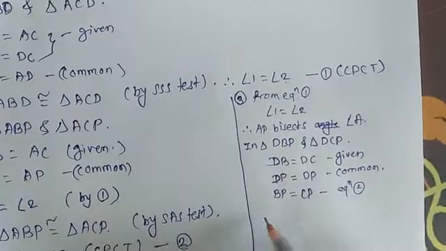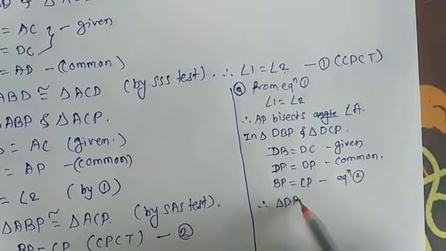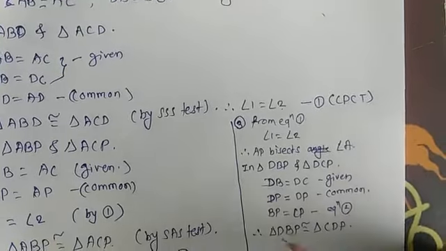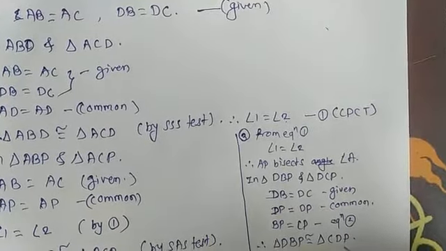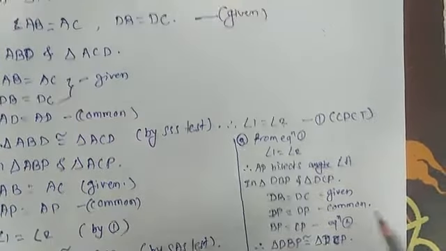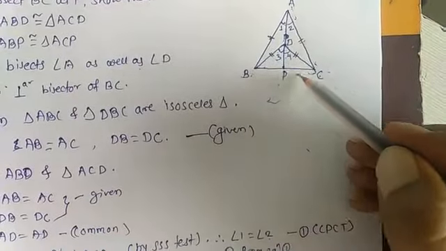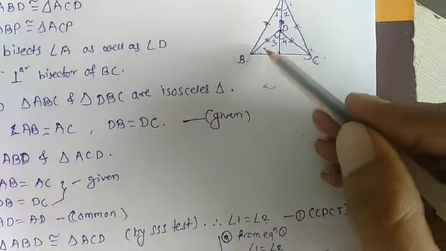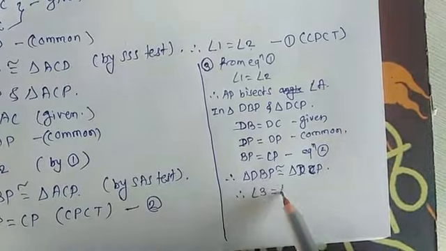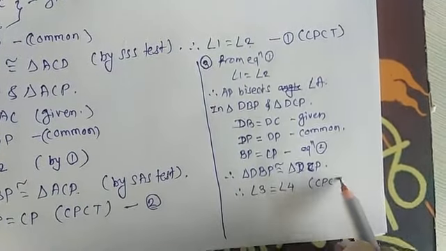Therefore, triangle DBP is congruent to triangle DCP. That means these two triangles are congruent. Therefore, angle 3 is equal to angle 4 by CPCT.